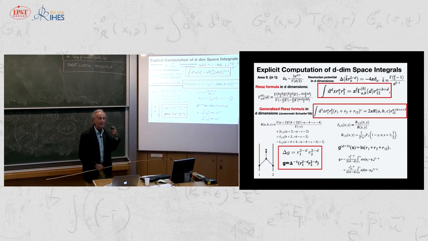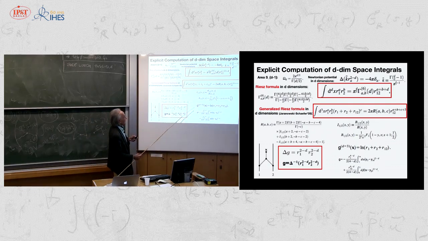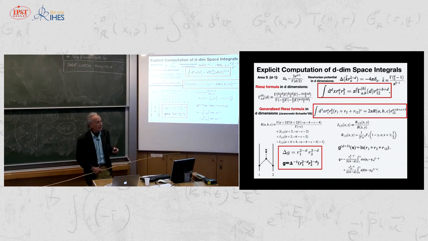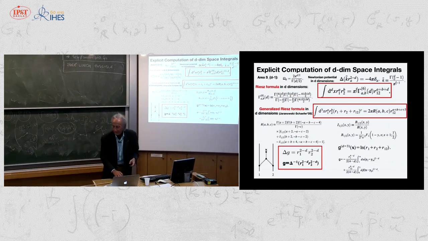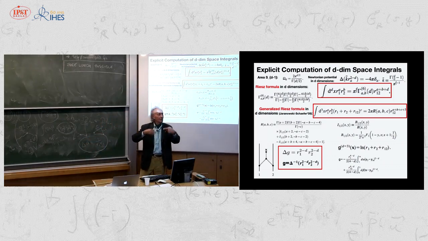But starting at 3 loops and 4 loops, one needs a more complicated integral because Vladimir Fock had found that there exists a nice formula. If you want to solve a potential u, which is the solution of this thing, when you solve the Einstein equation at the cubic order, you have the potential of 2 bodies that interact non-linearly.